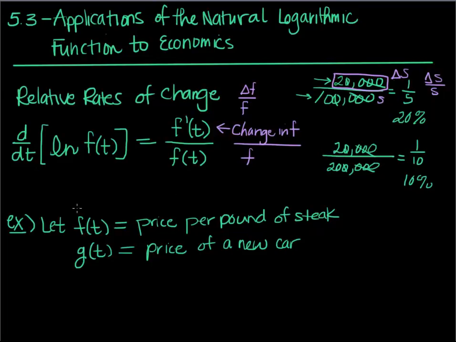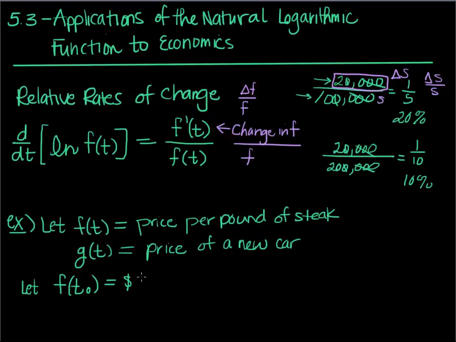All right, so we have the price per pound of steak. Let g of t be the price of a new car, whatever car you want, doesn't matter. And let's let my initial price, at some point in time, I'm just going to call this t sub 0. We use that a lot for the initial time.